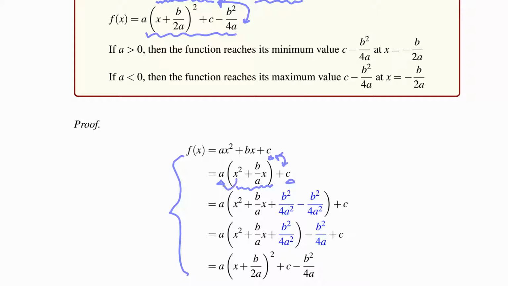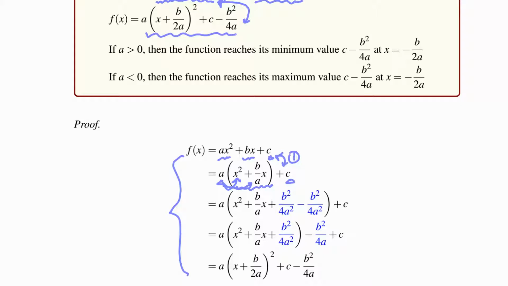Because if you distribute A to x squared, you get ax squared. If you distribute A to the second term, you cancel A with the downstairs A, so you have a bx right here. So it goes back. So step 1 from row 1 to row 2 is easy.